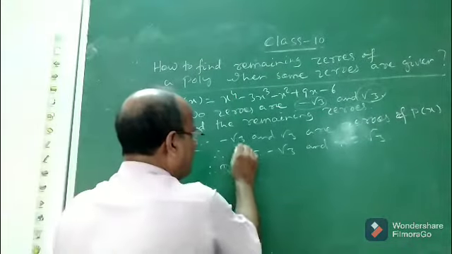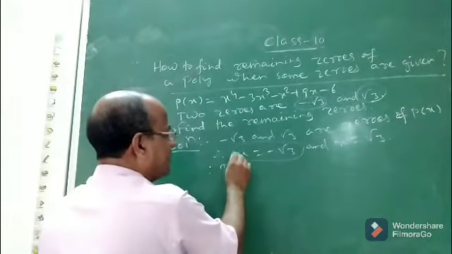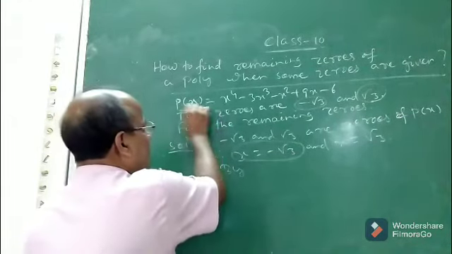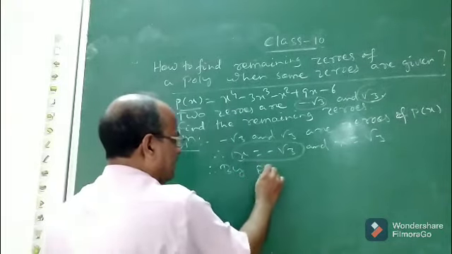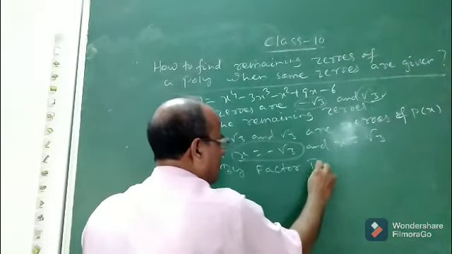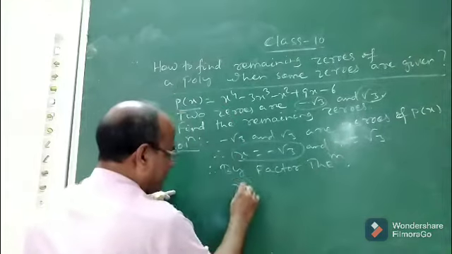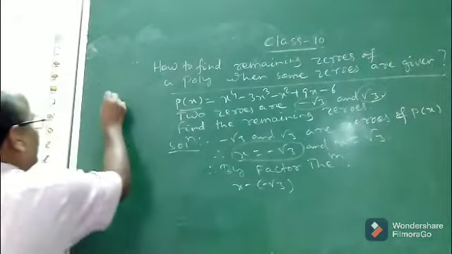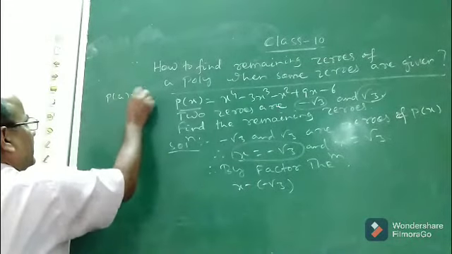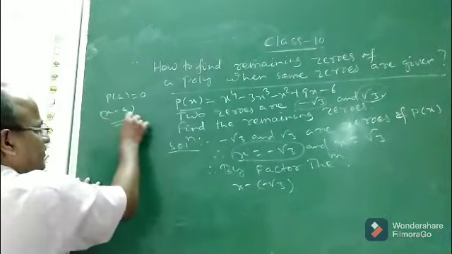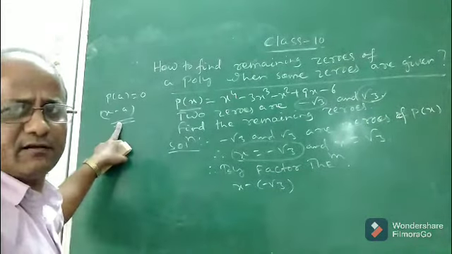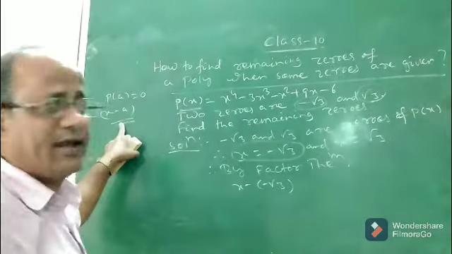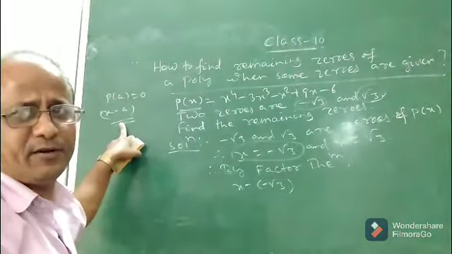So since x equal to minus root 3 is a zero of this polynomial, therefore by the factor theorem, if p of a equal to 0, then x minus a is a factor of the given polynomial p of x.